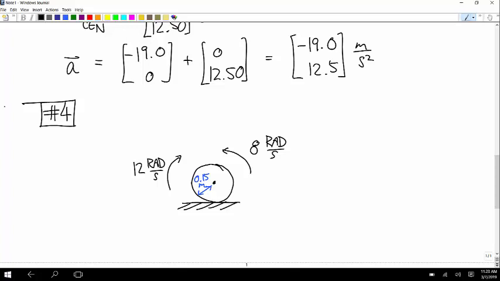Oh, thank you, this one should be squared. That wouldn't make any sense to have two angular velocities. So at this instant, the angular velocity is this way, and that's related to the direction it's moving. And this one is just saying it's opposite of that, so it's slowing down. So the direction of motion comes from this, and all you have to do is picture that if it's rolling like this, it has to be moving that way.